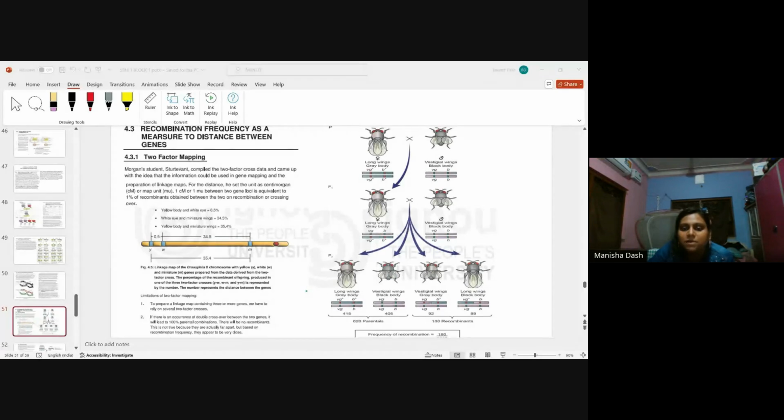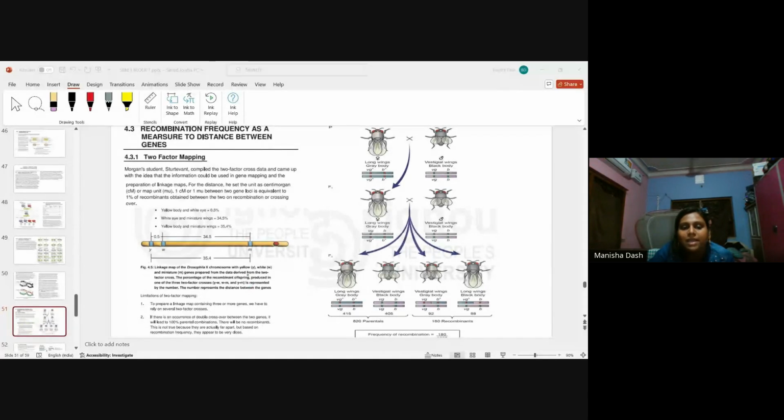So carefully observe this first diagram. Here there has been crossing over. So with the VG plus you have the b, and here with the VG you have the B plus, and the complementary combination is here, and this gamete is donated by the recessive parent. So accordingly you have 4 different characters.